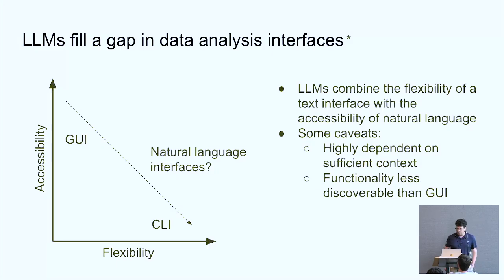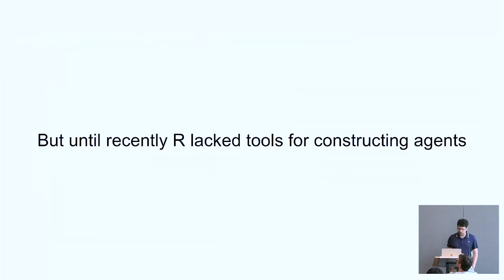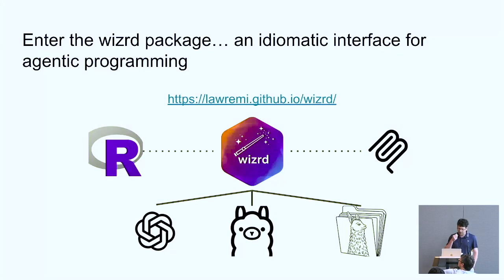Now, of course, there are various caveats that people have touched upon in this conference. Even really key though is getting these things enough context so they understand what you mean and do the right thing. All right, but until recently, there weren't too many R tools for constructing agents, and so I went off and I made this, and its overall goal is to allow R to talk to different agent implementations, providers, and then also to integrate.